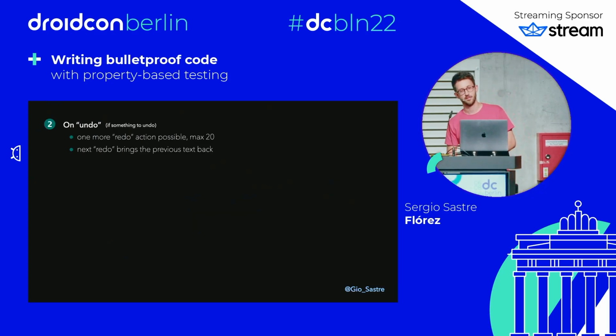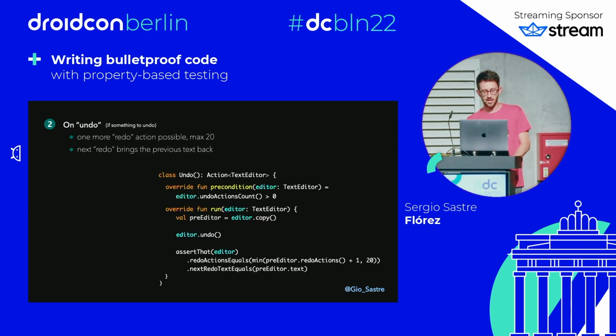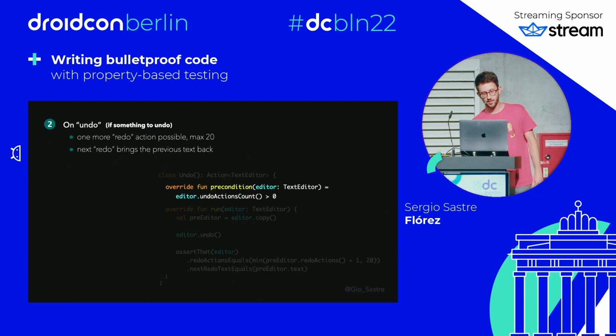Then comes the undo action. It's very, very similar to the text change action, but there is one peculiarity. It's this precondition, which is a method that we can override. And this precondition basically tells the generator that if the model is in a certain state, do not generate or perform this action.